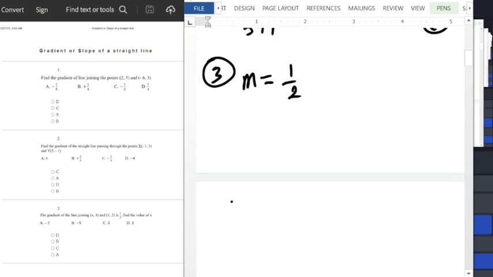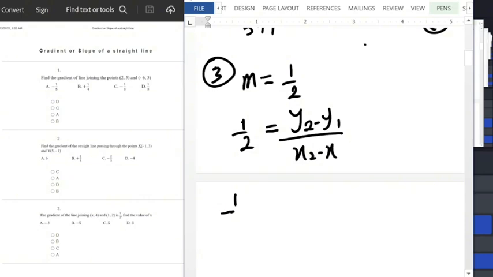Which means we can say 1 over 2 equals y2 minus y1 divided by x2 minus x1. So the points given are (x, 4) and (1, 2). So this is x1, y1, x2, y2.